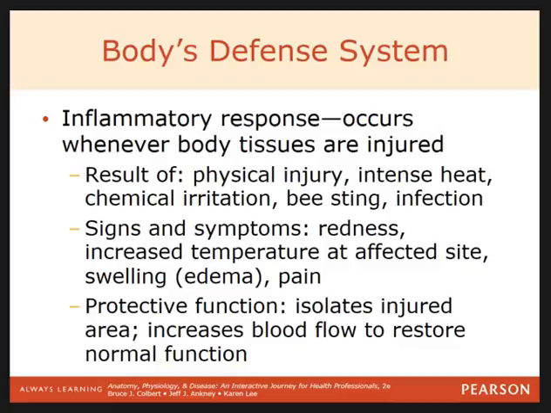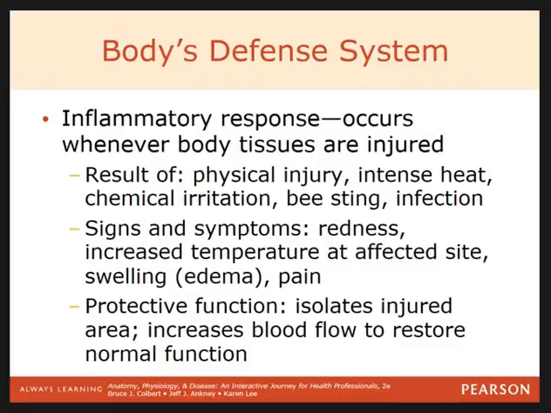The signs and symptoms of inflammatory response, so just think if you've had inflammation before. There's usually redness at the site. The area could feel hot or have a temperature. There could be swelling, which is known as edema, fluid retention, and sometimes pain.